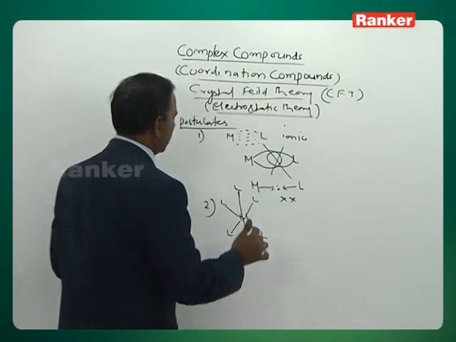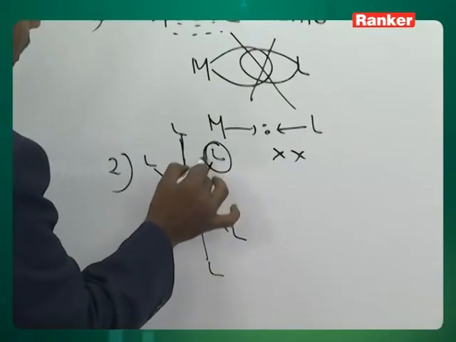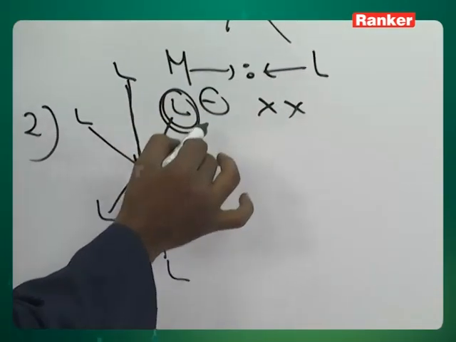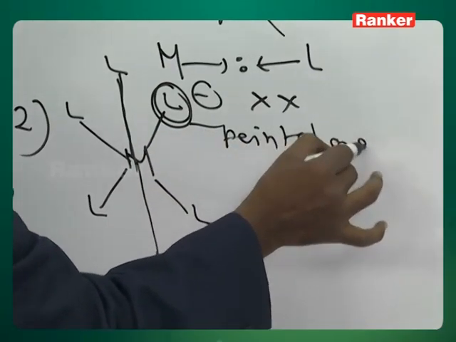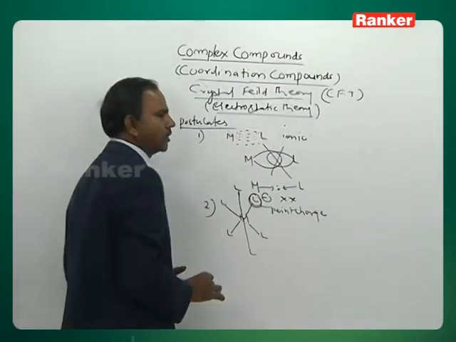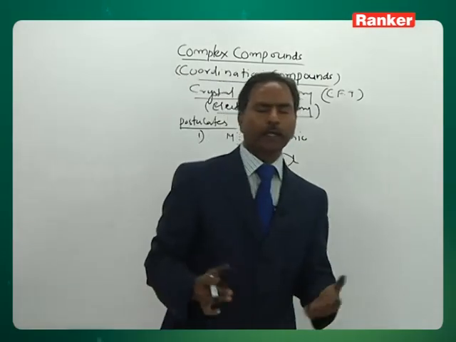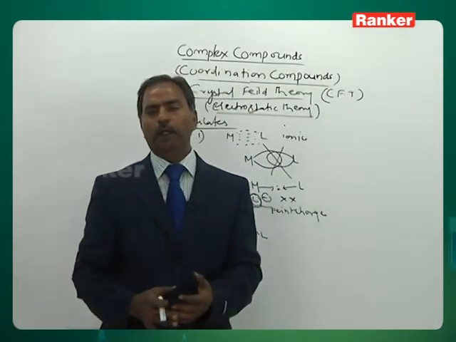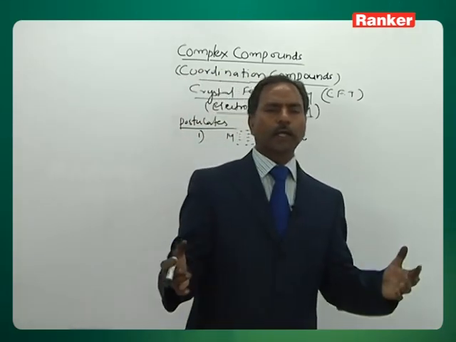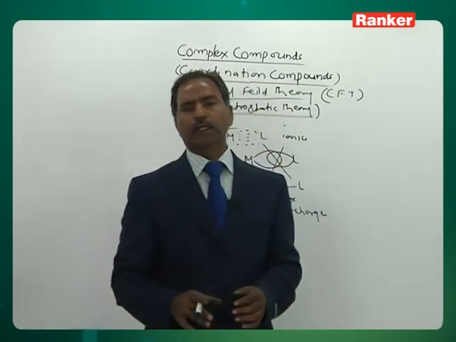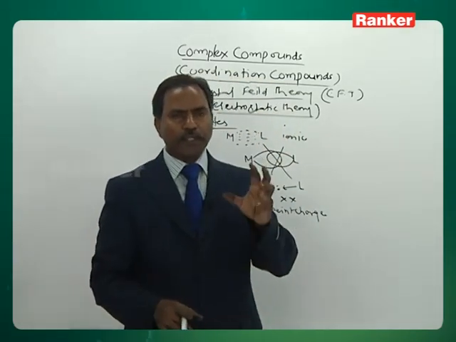According to this theory, a negative ligand is considered a point charge. Take any negative ligand like chloro, cyano, bromo, or nitro; all the negative ligands we can consider as point charges.